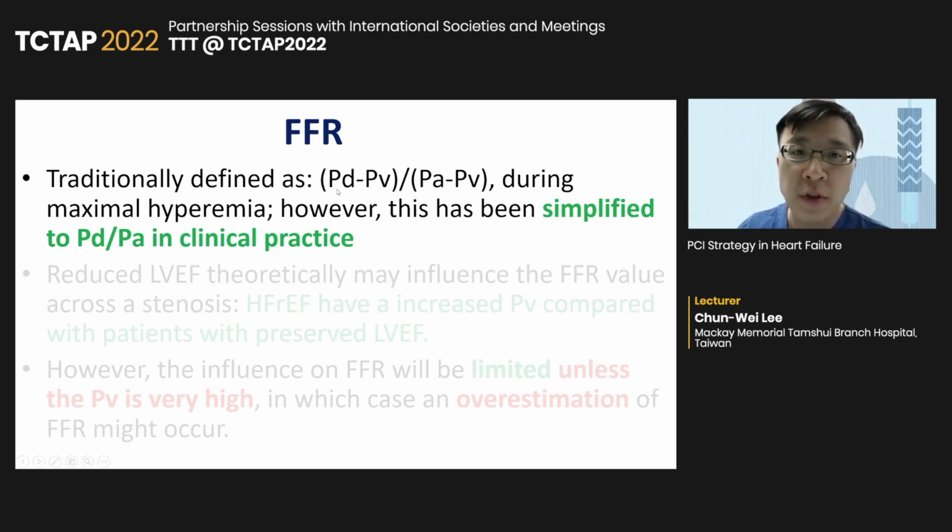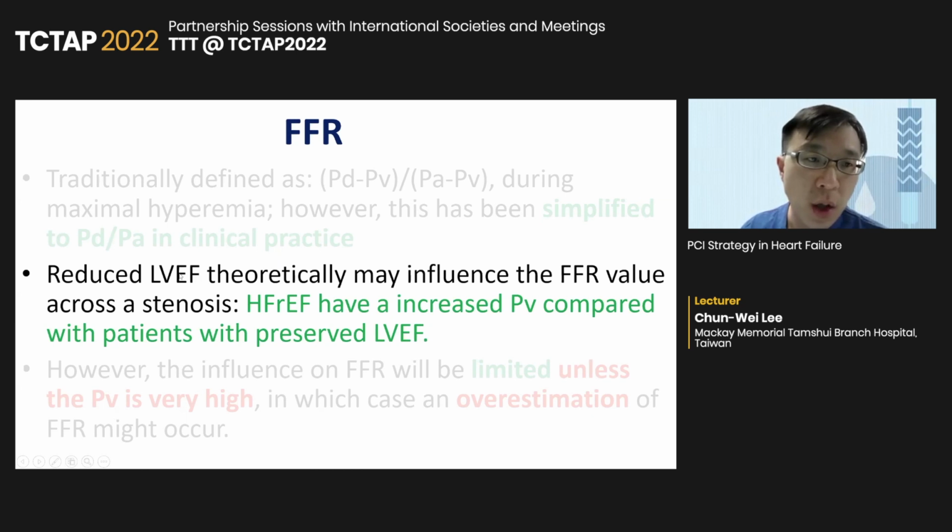Traditionally, FFR is calculated as the distal coronary pressure minus the venous pressure, divided by the arterial pressure minus the venous pressure, during maximum hyperemia. However, this is usually simplified as Pd divided by Pa in clinical practice.